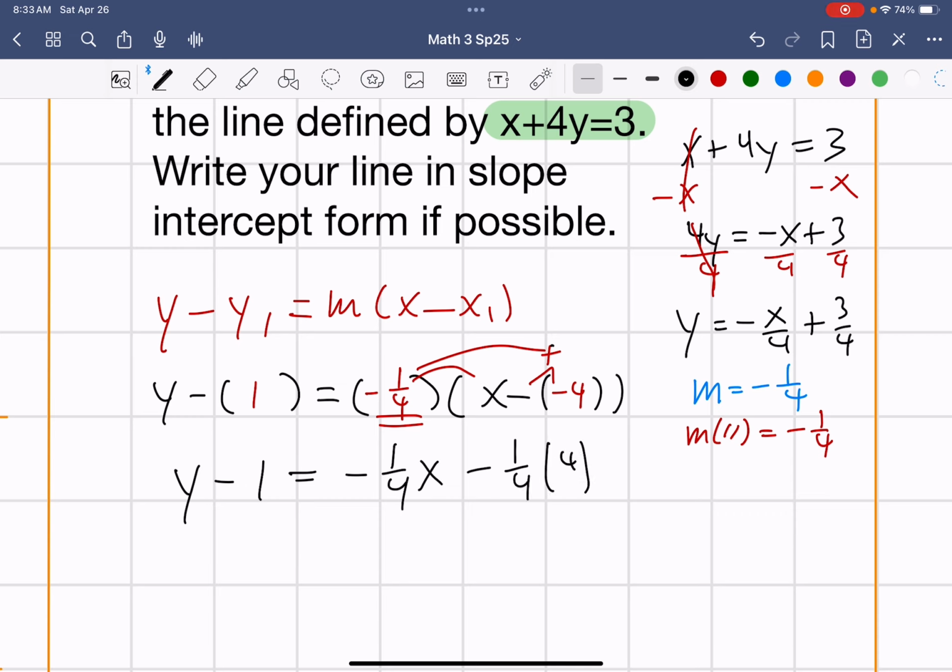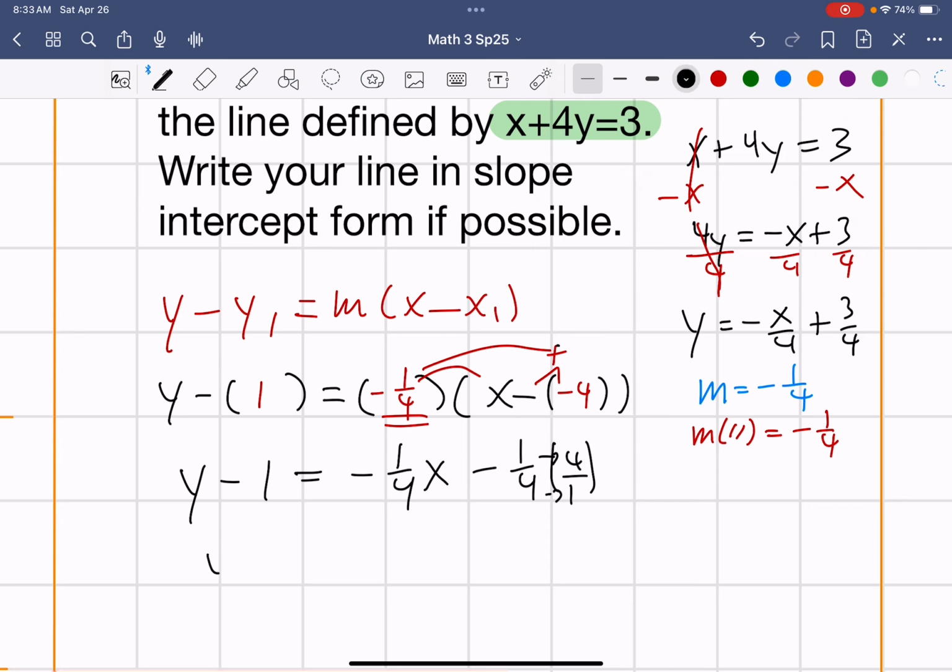I wanted to write it out because if you notice, 1/4 times 4, how do I multiply fractions? Straight across. So I would put 1 under this 4 and multiply across. That's going to give me 4/4, which is just -1. Then I need to add this 1.